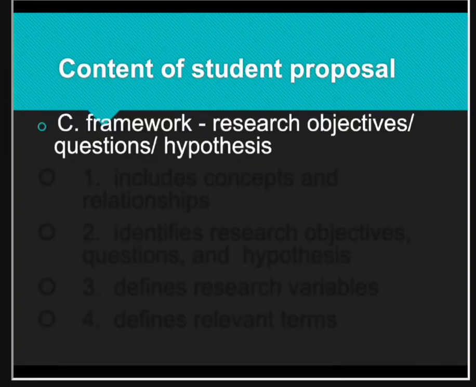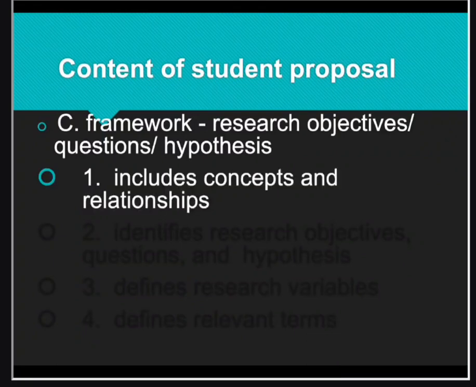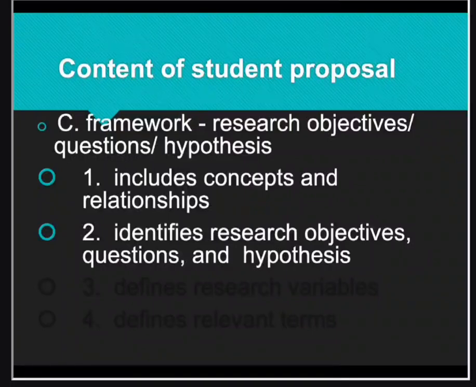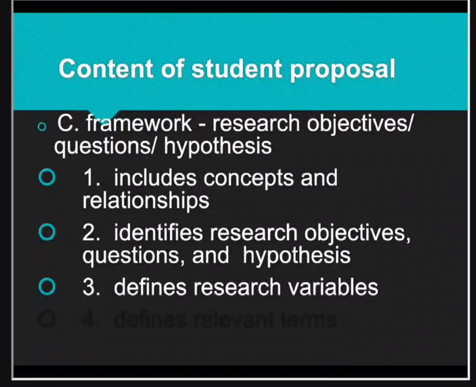Then you're going to build the framework of your research objectives and your hypothesis. Any important concepts or relationships should be included. This will identify your hypothesis and define the research variables.